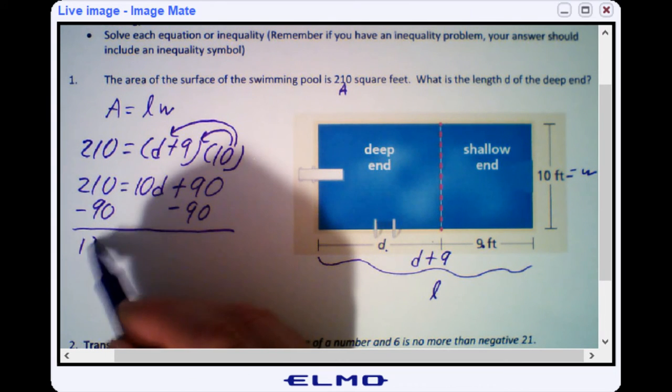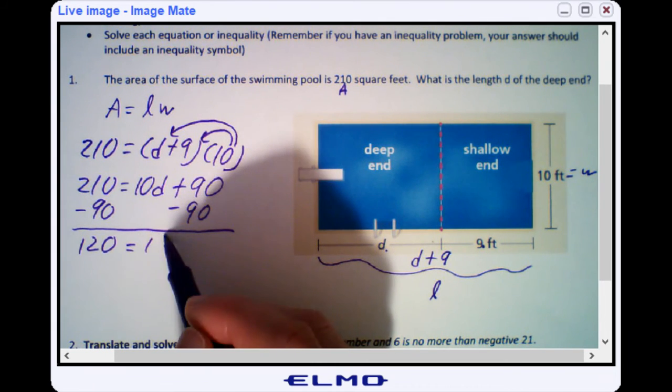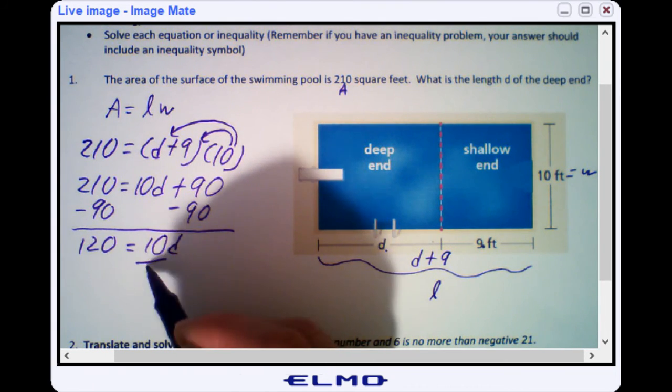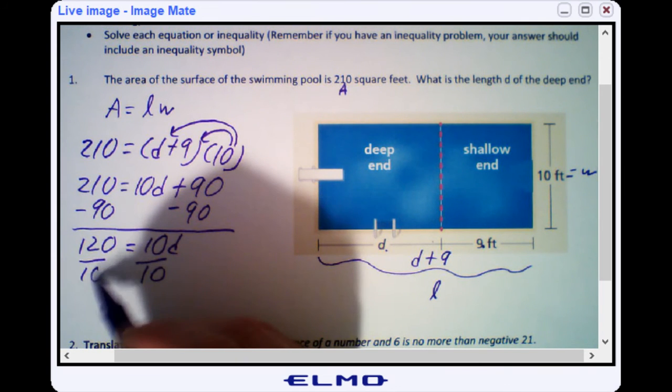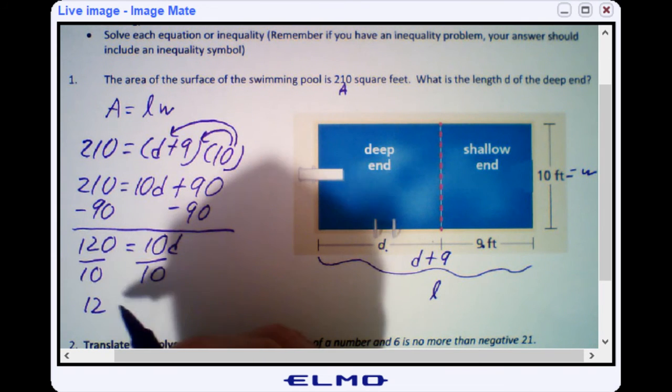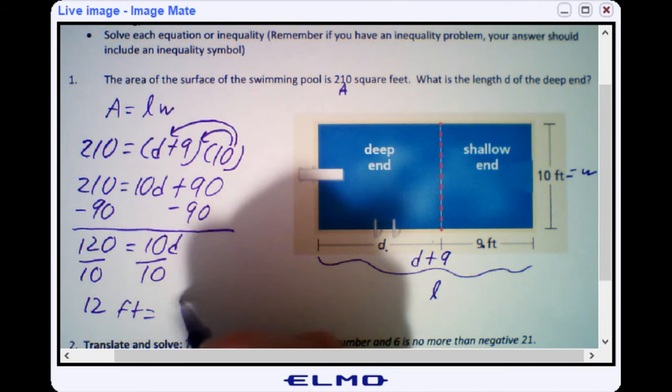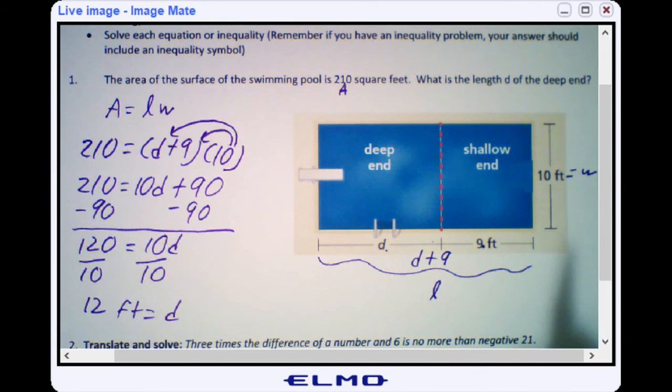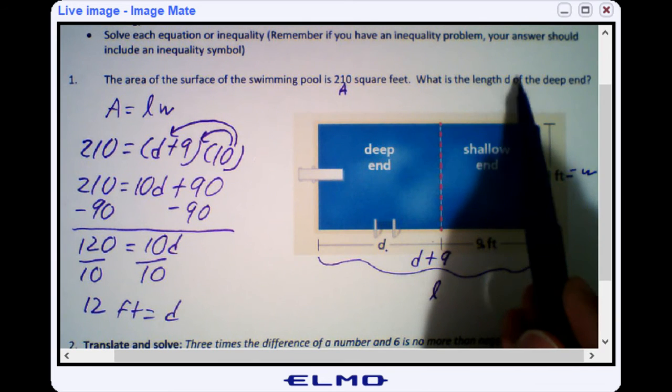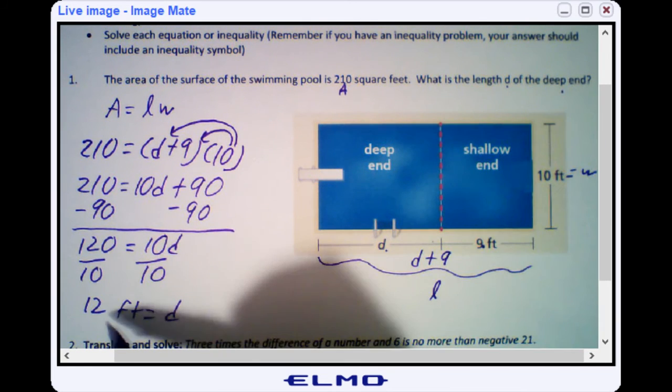Get 120 equals 10d, divide both sides by 10. So I'm going to get 12, and it's in feet, equals d. We're going to make sure that we solve the problem. It says the length d of the deep end, and that is my length for d.